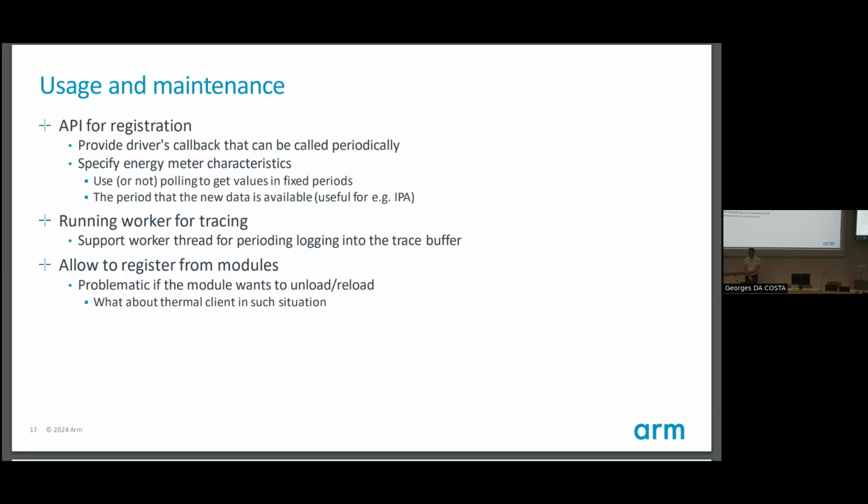The reason why the energy meter is exposed under the RAPL interface for Intel systems is that its scope is clear, because it's the same as the scope of the control interface in RAPL.